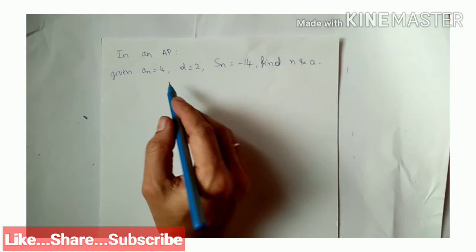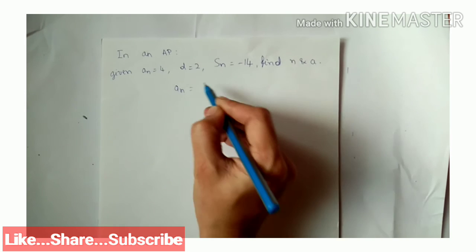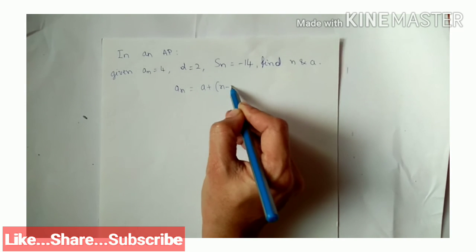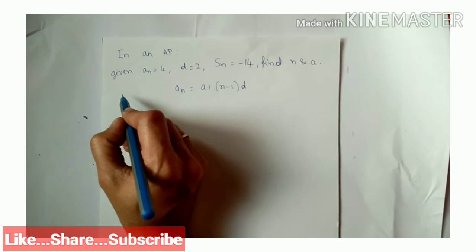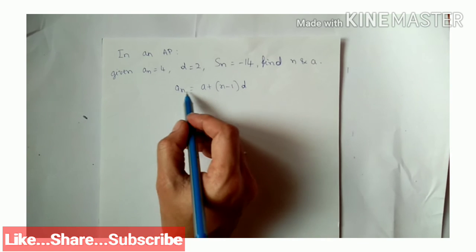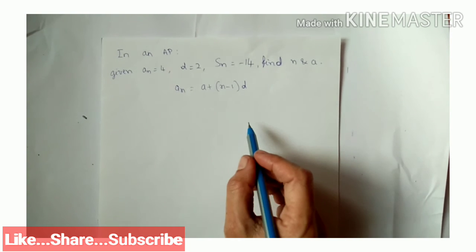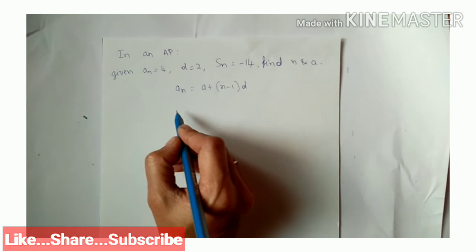Let us solve one more example. In an AP given an is equal to 4, d is equal to 2, Sn is equal to minus 14. Find n and a. Here we know the nth term of an AP, an is equal to a plus n minus 1 into d.